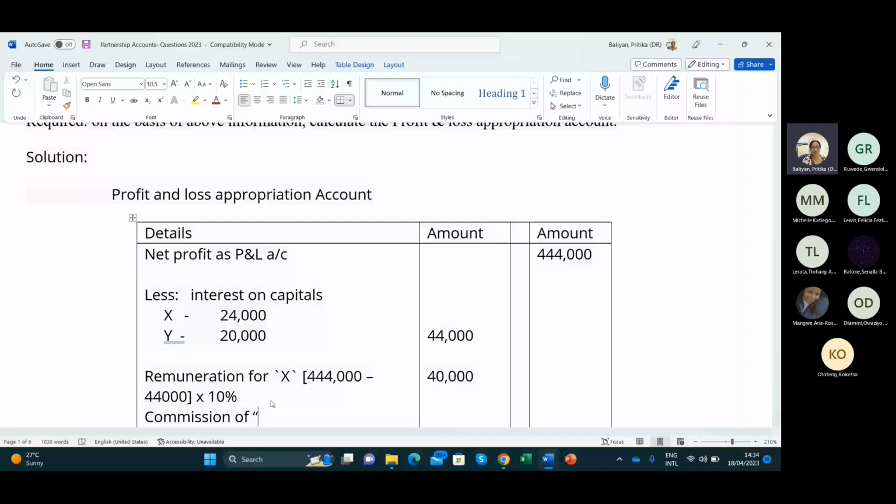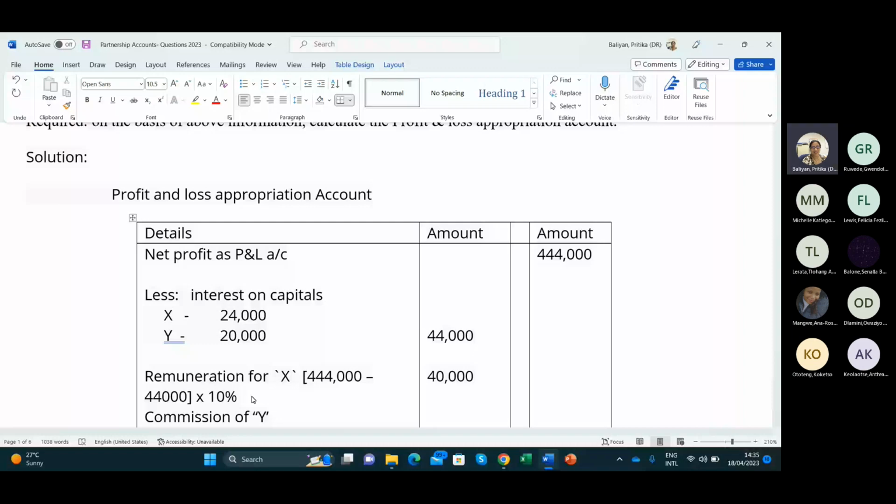Okay, let's say Y. So we subtract the 44. So our balance is 400,000 minus 40,000. So the remaining amount will be 360,000.